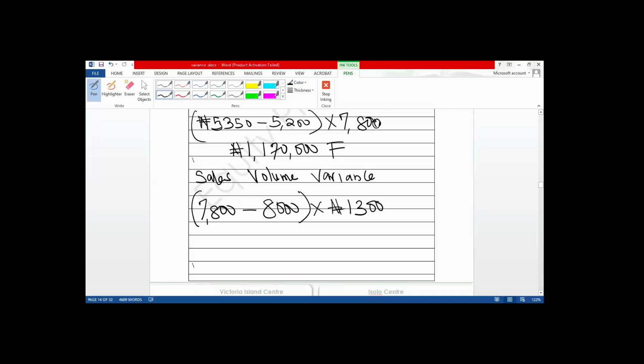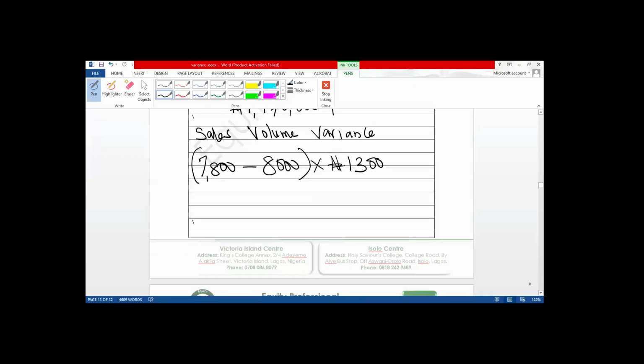Please work this out. You have 260,000 adverse. You are done with requirement B.